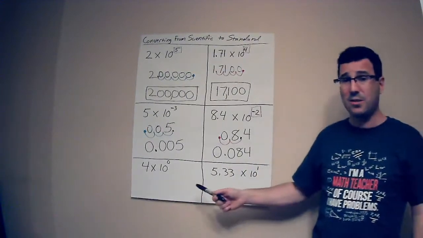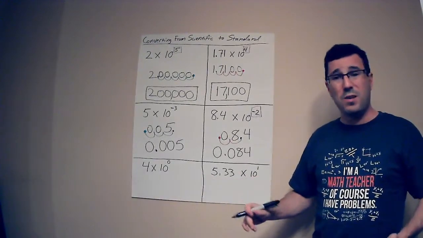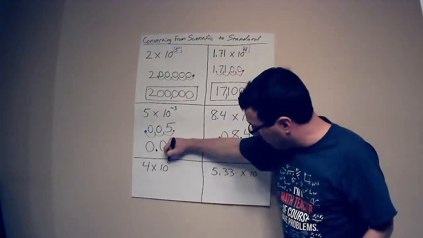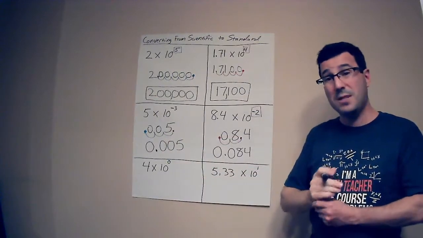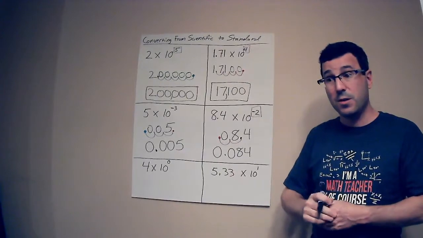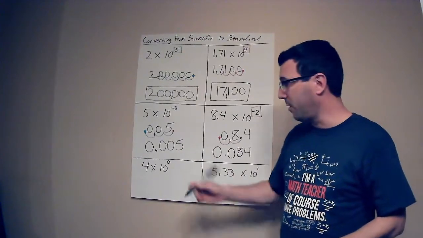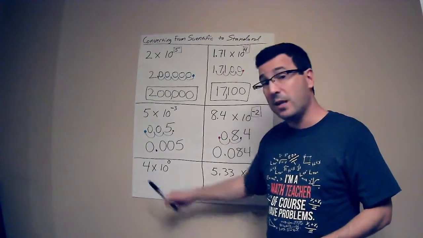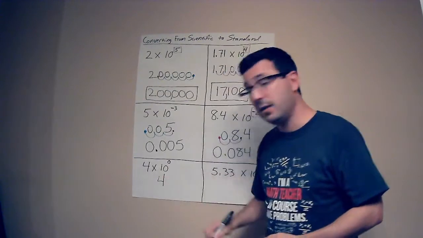I put these last 2 down because these are the type that a lot of students will get wrong, even though, believe it or not, they're actually really easy. This first one is 4 times 10 to the 0. I'm going to do the same steps I've been doing. First, write down that number between 1 and 10: 4.